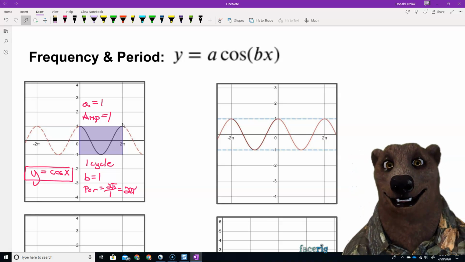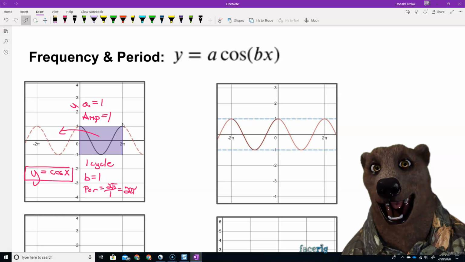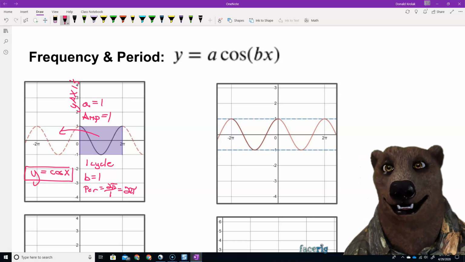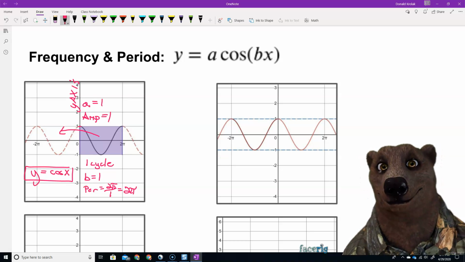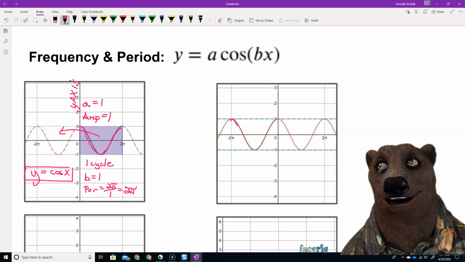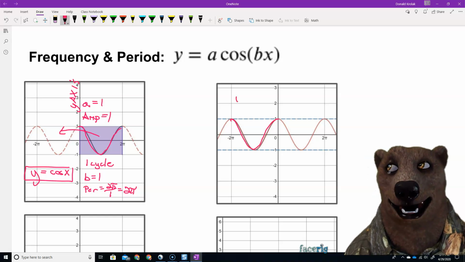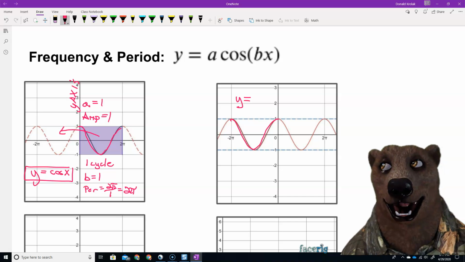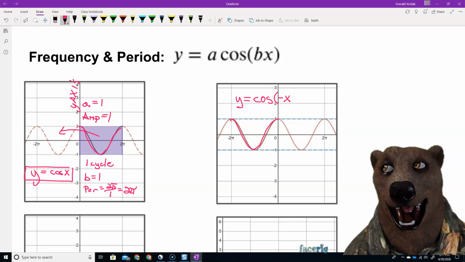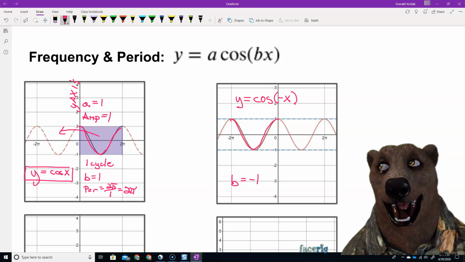Now when you take cosine and flip it over the y-axis, it looks the same. That's what happened right here. This black portion that I'm highlighting, when you flip it over, is now right here, and it looks the same. So this is actually y equals cosine negative x, so the b value is -1.